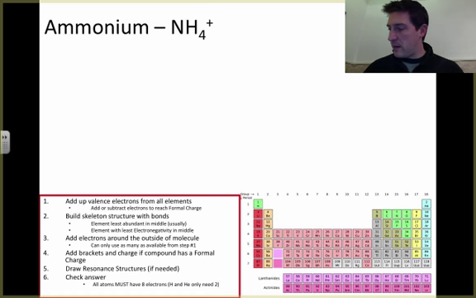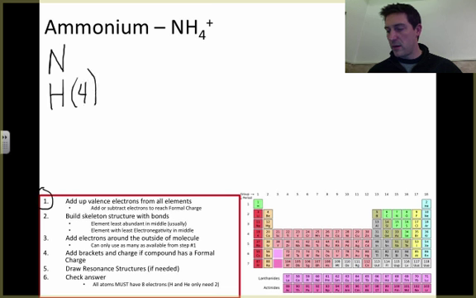So let me get out my pen. I just need to break apart the pieces and add up the valence electrons. That's what it says to do for number 1. So I've got nitrogen, and I've got hydrogen, but I've got 4 hydrogens. And if I look at hydrogen right here, it's got 1 valence electron. 4 times 1 is going to give me 4 electrons.